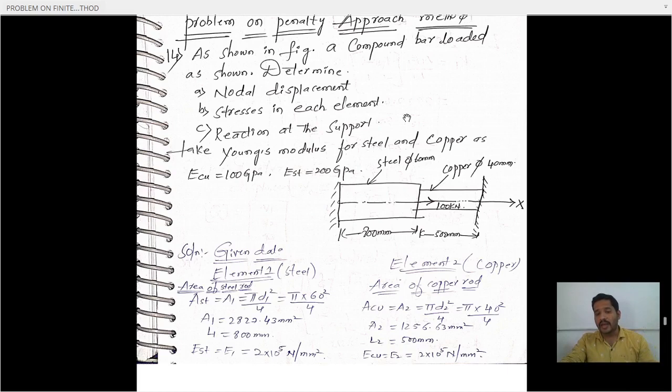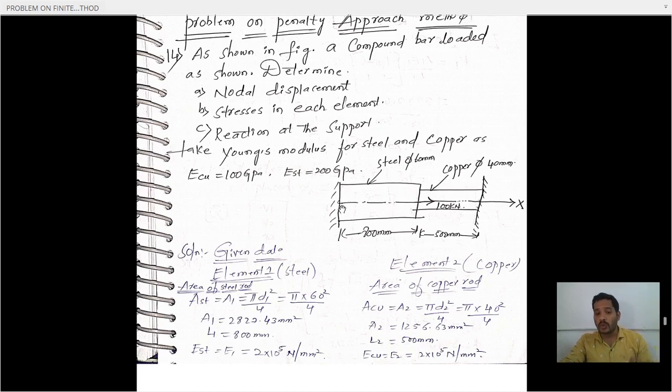So we need to find the values of sigma 1 and sigma 2, as well as the reactions at the supports.